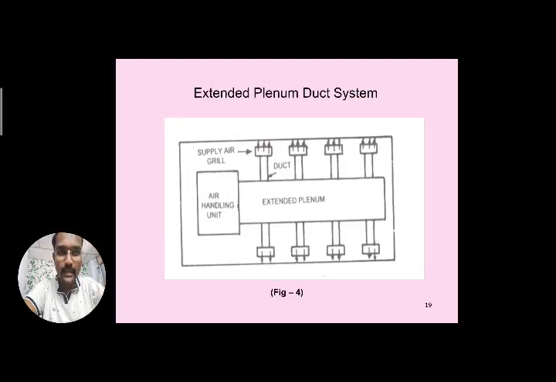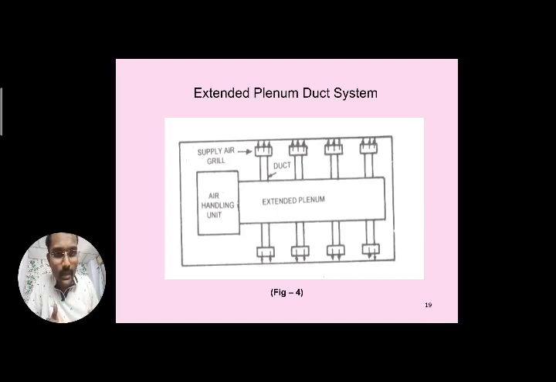The next, third type, depending on the arrangement, is the extended plenum duct system. Observe the diagram: the air handling unit is at one side. A large extended passage, like a duct system, called the extended plenum, is provided, through which a large quantity of conditioned air is passed.